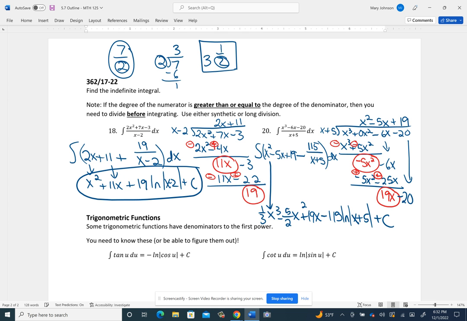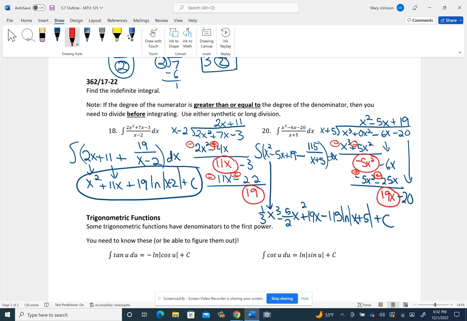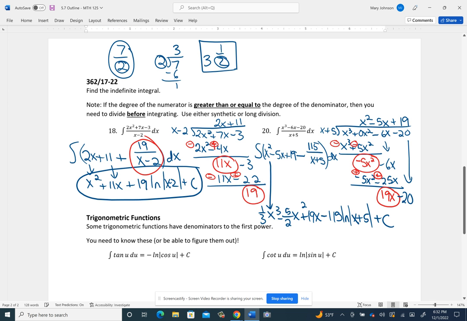And then oftentimes, not all the time, this last term would be something where you might need to use natural log, or there's times when you do that kind of division and what you wind up with is something where you need to use an arc tangent. It's an arc tangent situation. So it fits what we see in section 5.8. So you do more of that when you get to calculus 2 if you're taking that.